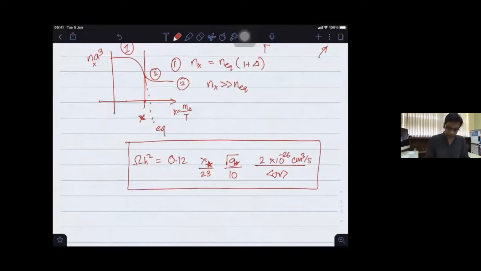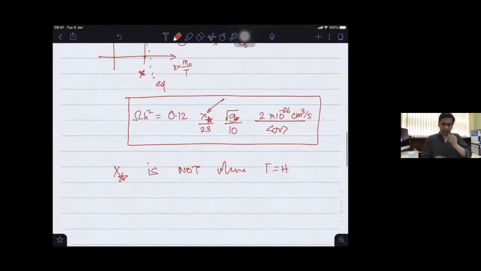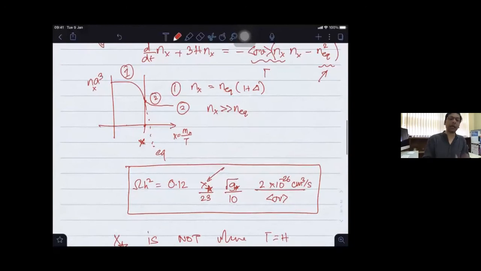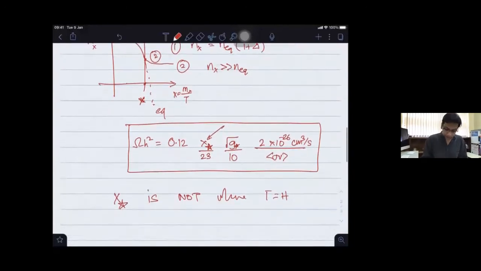The one point that I would like to make here is that this x star is not where gamma is equal to H. This is the mistake that is made in many places. In fact, this is the place where the solutions are joined. If you strictly calculate x using gamma equal to H, you will find that it is somewhat larger.